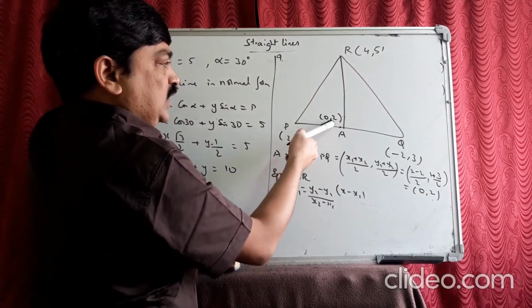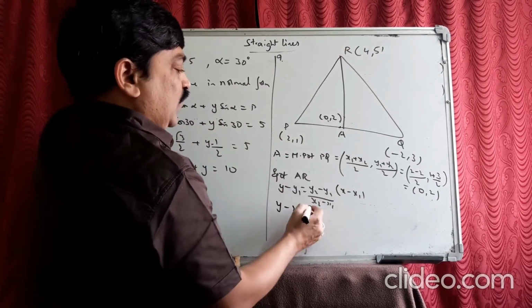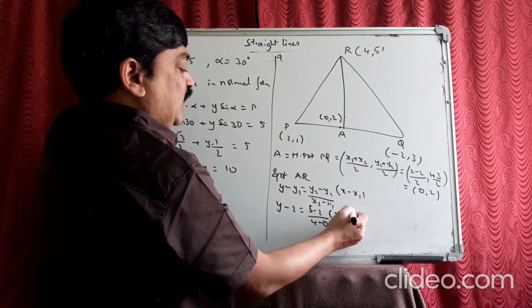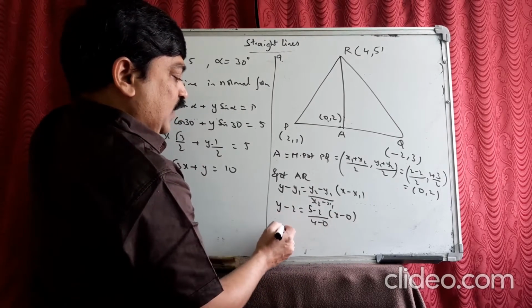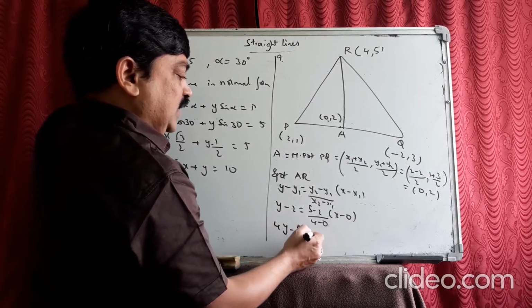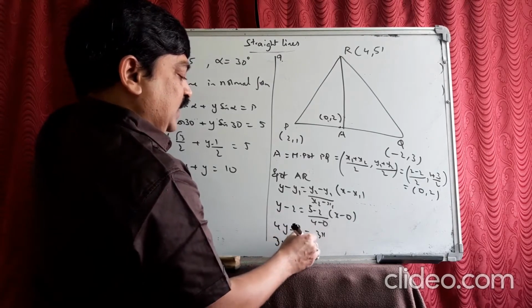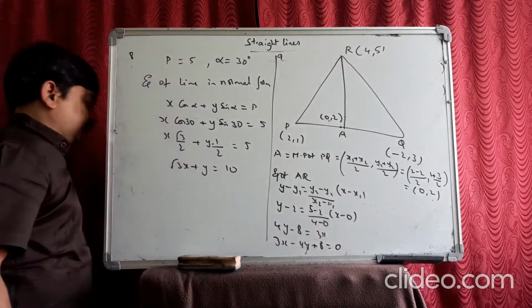So I take this as x1, y1 and x2, y2. Y minus 2 equals (5 minus 2) by (4 minus 0) into (x minus 0). Taking LCM 4 and cross multiplying, 4y minus 8 equals 3x. Taking all the terms to one side, 3x minus 4y plus 8 equals 0.